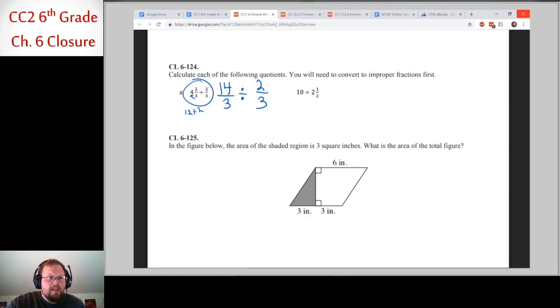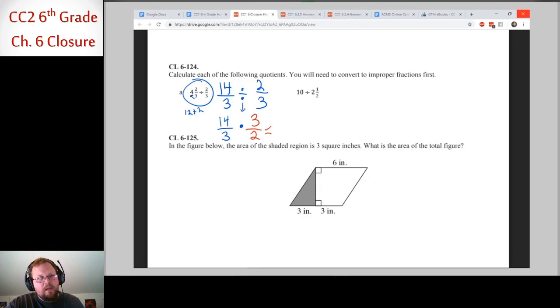You simply take the second term. So you've got the 14/3 divided by 2/3. This second term is what gets flipped. So again, I keep the 14/3 because it's the first term. This division sign changes to multiplication, and then I change this to 3/2.